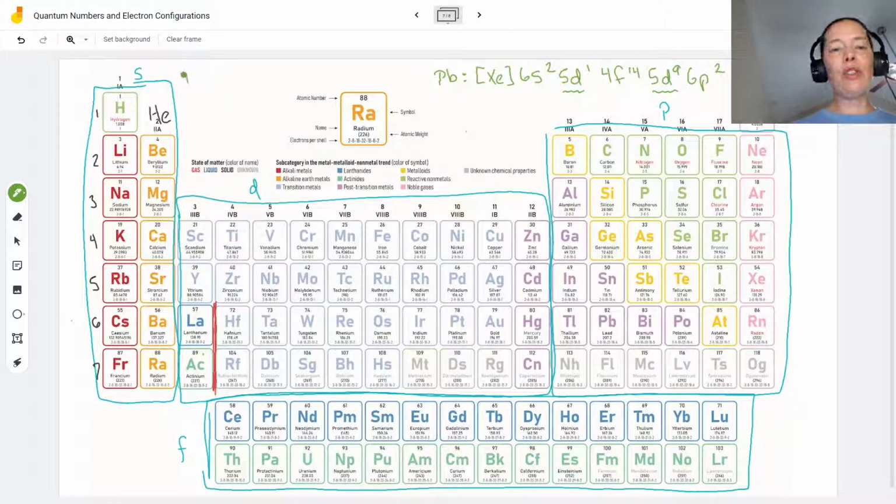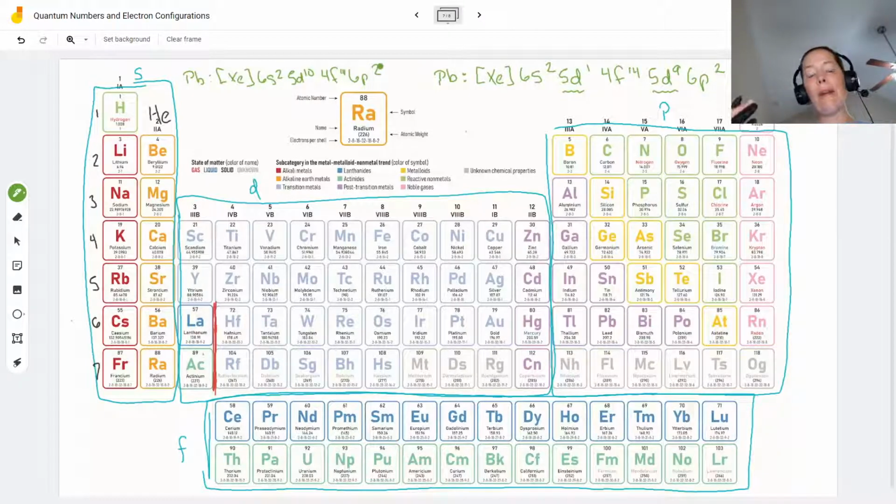So I'll just show you a couple different variations here before I finish up. So first I'll show you with just combining the D's. So that would just be 6s2, 5d10, again 1 plus 9 is 10, 4f14, 6p2, which is totally fine.